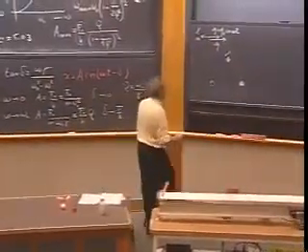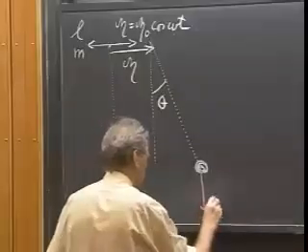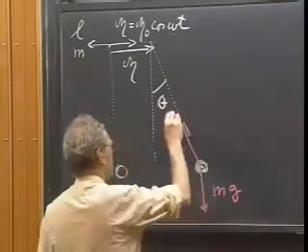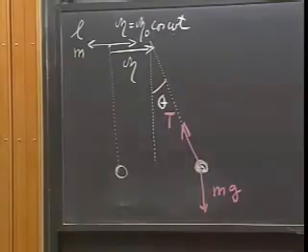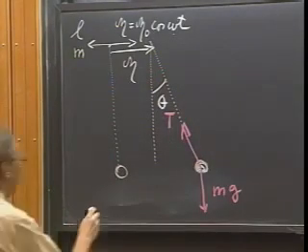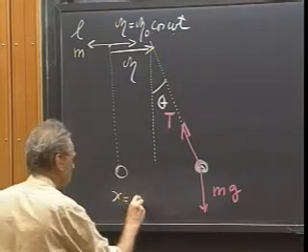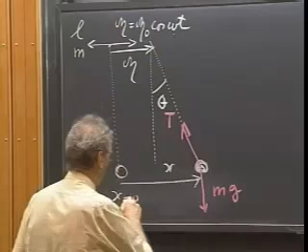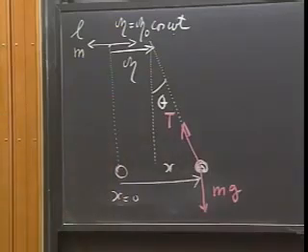And that is gravity, which is mg, and that is the tension. There's nothing else. I call this x equals 0, and I call this displacement x, away from equilibrium.